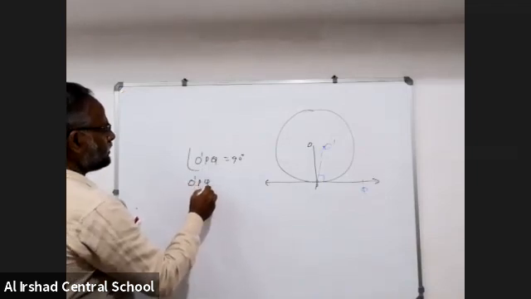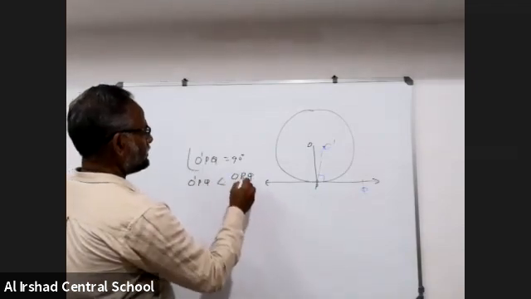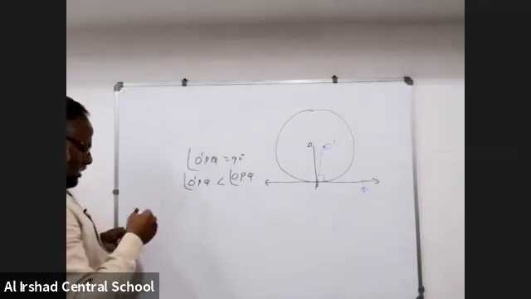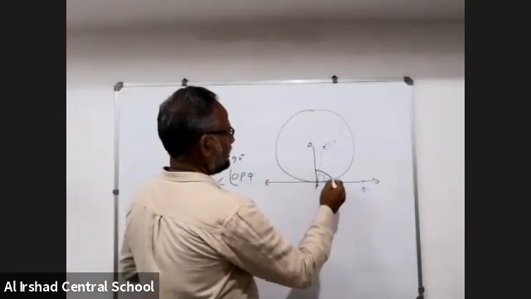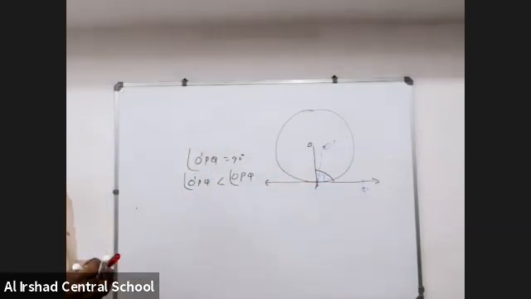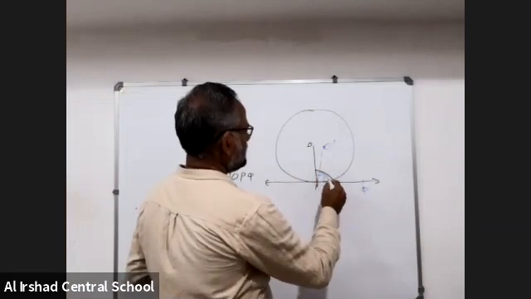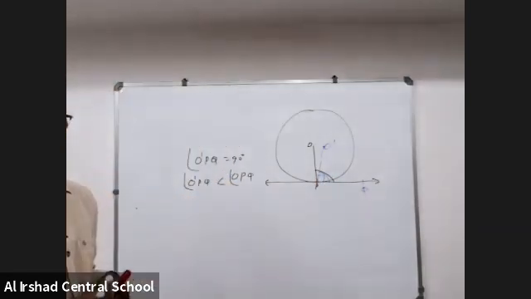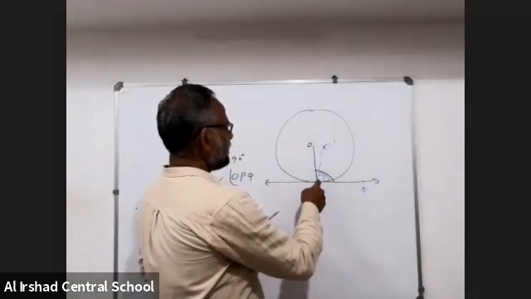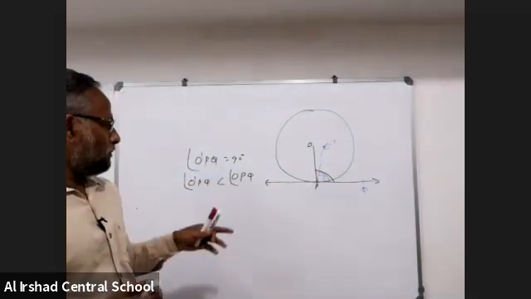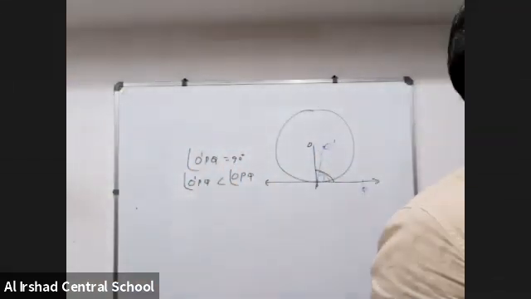O dash PQ is less than OPQ in the figure. Am I right? I am marking this one: the black color is OPQ, and the blue color already marked here is O dash PQ. But according to this, O dash PQ is 90 degree. But it is very clear O dash PQ is less than OPQ. Look at the figure.